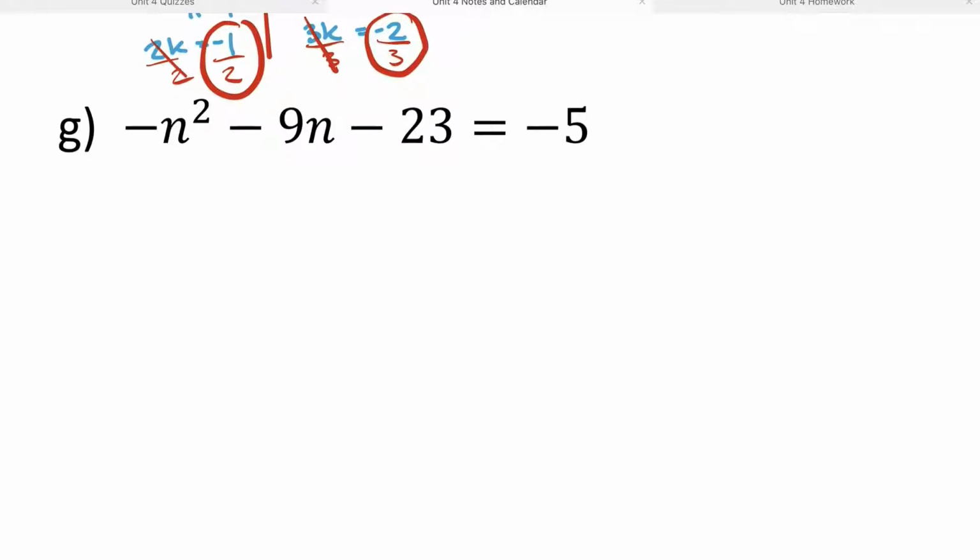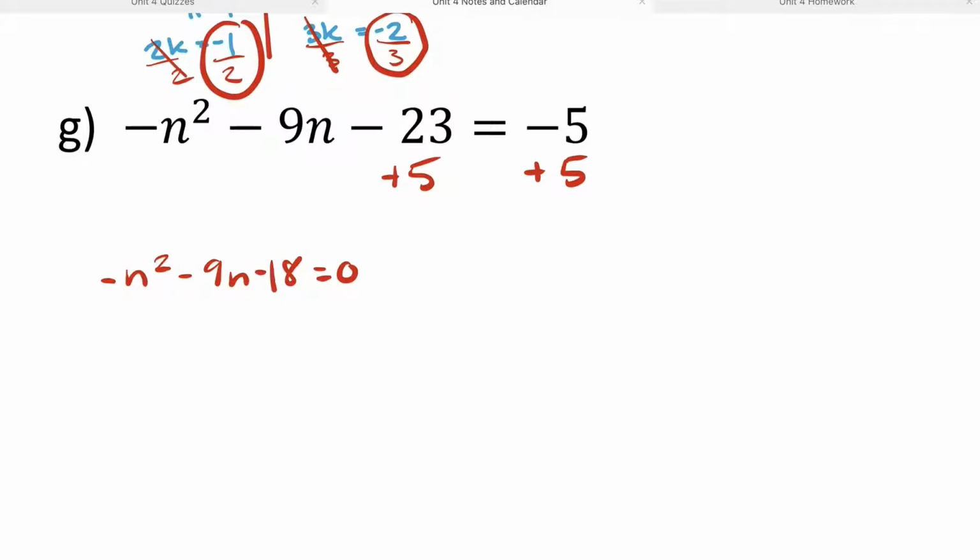All right, next one. It's not in standard form, so let's take care of that first. So we'll subtract or add 5 to both sides. That would give us negative n squared minus 9n minus 18 equals 0.